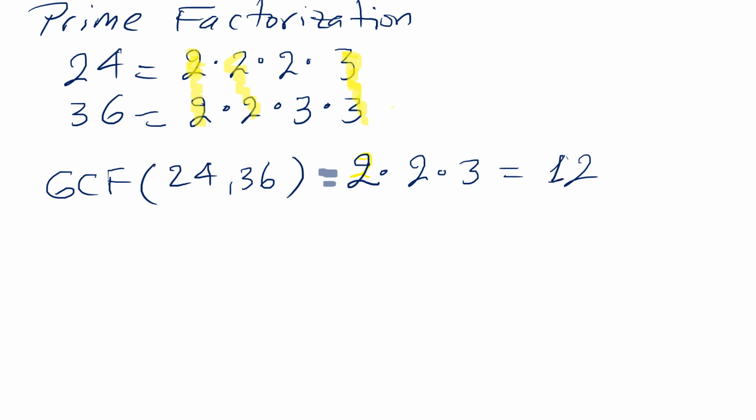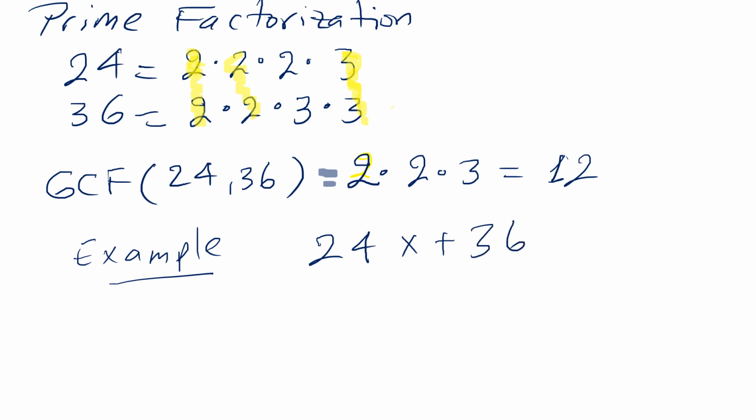Alright, so if you have an example of 24x plus, let's say, 36, and you need to find the greatest common factor, now you know it's going to be 12.